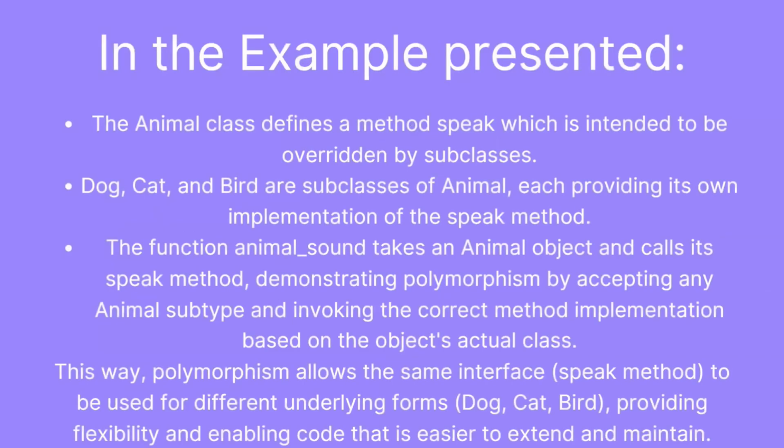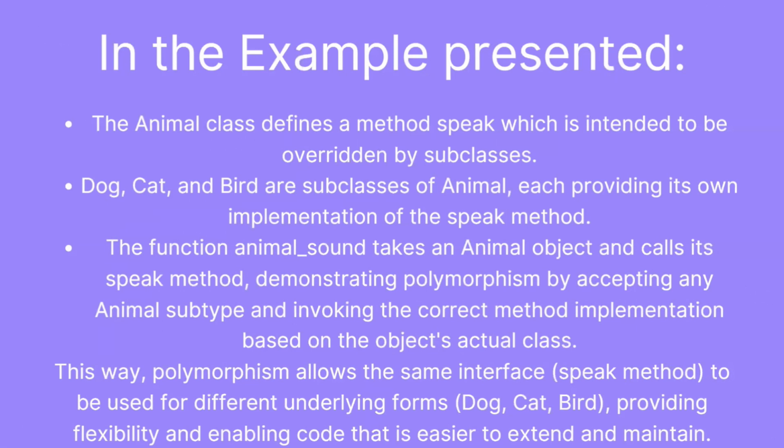In that example, the Animal class defines a method speak, which is intended to be overridden by subclasses. Dog, Cat, and Bird are the subclasses of Animal, each providing its own implementation of the speak method. The function animal_sound takes an animal object and calls its speak method, demonstrating polymorphism by accepting any Animal subtype and invoking the correct method implementation based on the object's actual class.